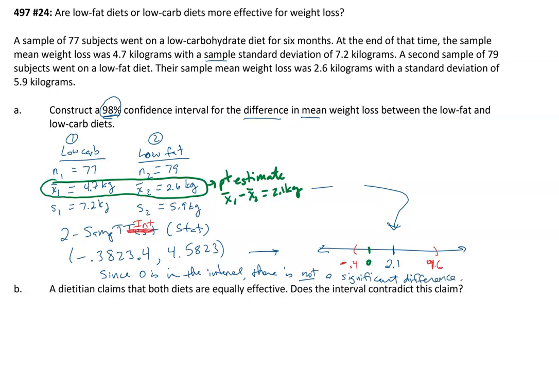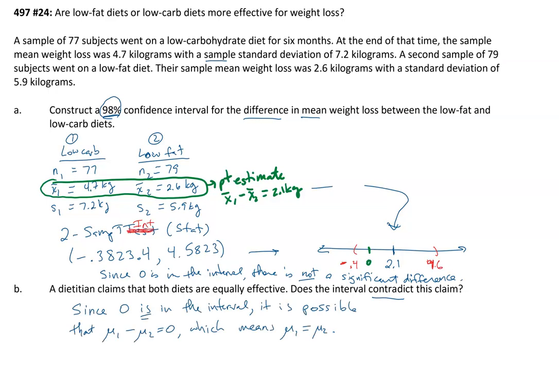And I think I've actually just answered B now. A dietitian claims that both diets are equally effective. Does the interval contradict this claim? And so again, we found in part A that there is not a significant difference. So I'm going to repeat that.